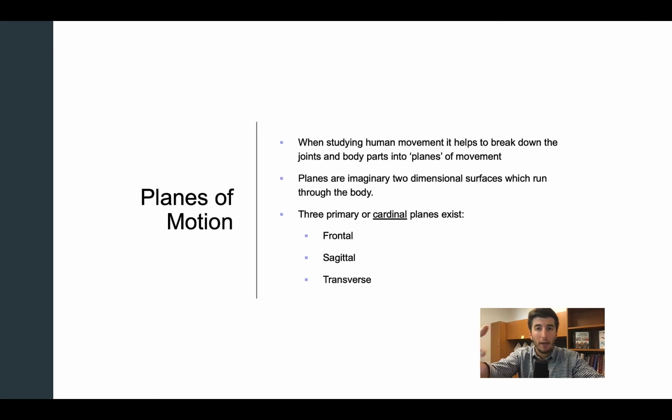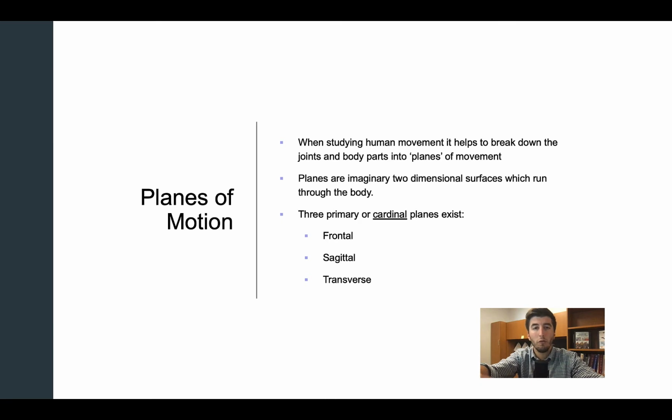So now that we have a little bit of anatomical position covered, let's talk about planes of motion. Planes are essentially imaginary lines, or two-dimensional surfaces, that are going to be drawn through the body in order to direct the reader or to direct the conversation in a very specific manner.